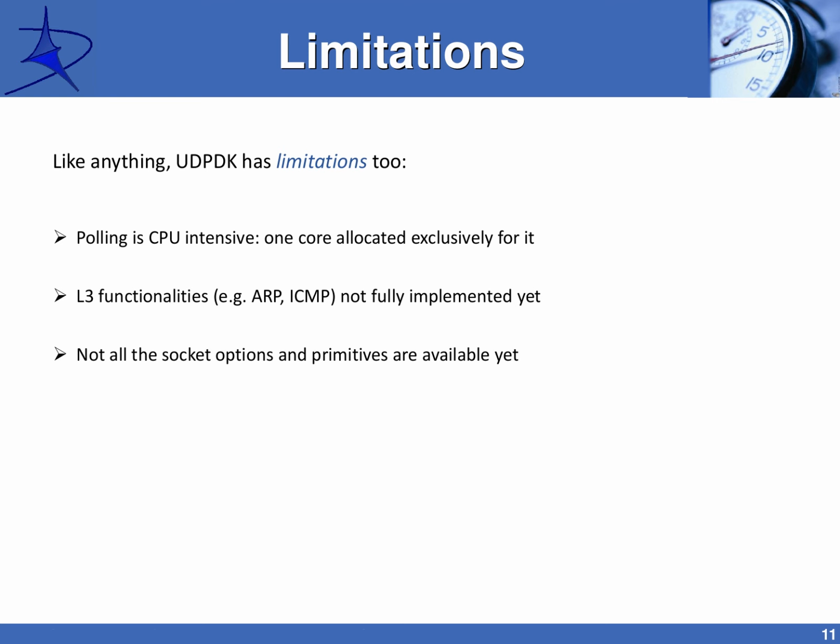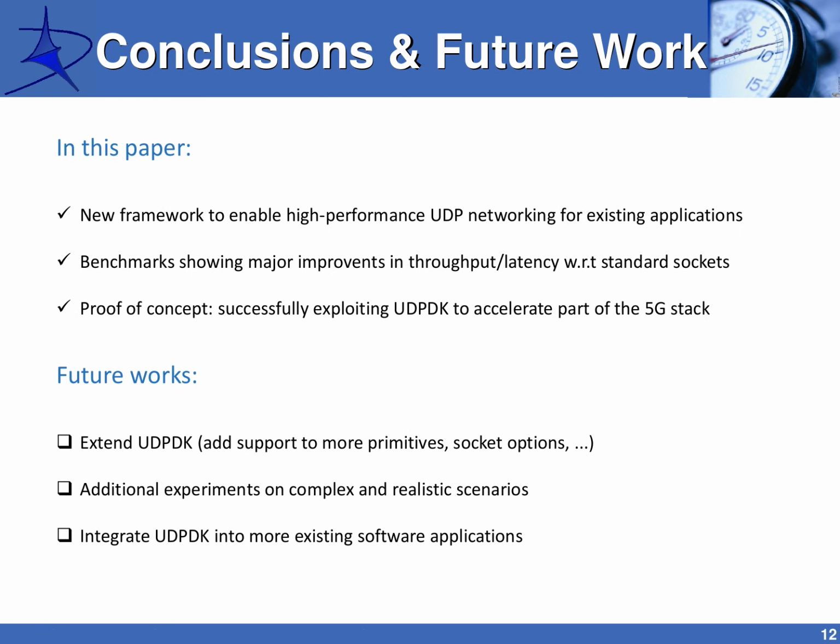Also, the implementation of UDPDK is not fully complete yet, as it misses some IP-level functionalities like ARP and ICMP, so at the moment it relies on some manual configuration to cope with such vacancies. Note that it's just a matter of missing implementation. It's totally possible to support these features from a technical point of view. Similarly, not all the socket options and primitives are supported yet, and hopefully UDPDK will be extended in the future.